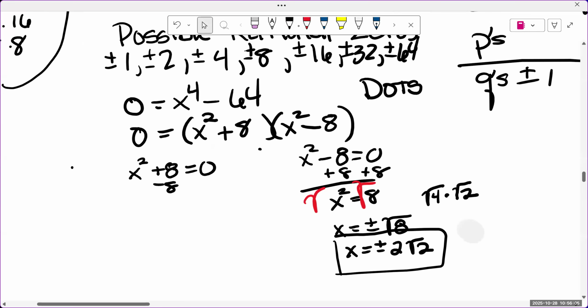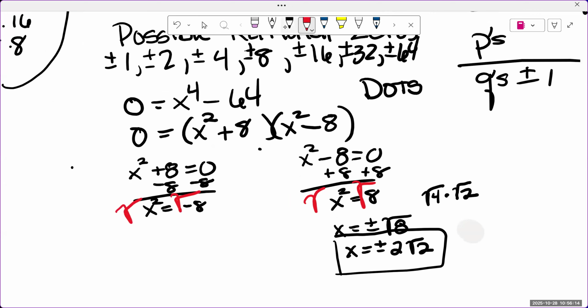So let's subtract 8 from both sides. Now we need to take the square root. So we have plus or minus the square root of negative 8. So let's pull the negative out. That's i. And square root of 8 is 4 and 2. Biggest perfect square and leftovers. Plus or minus i.